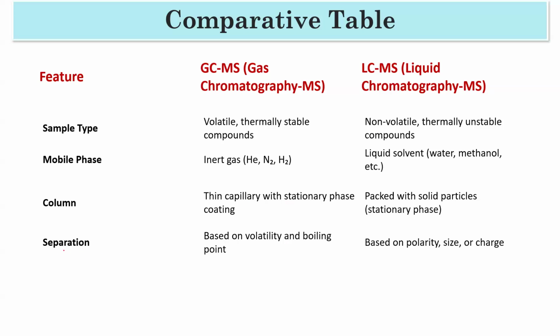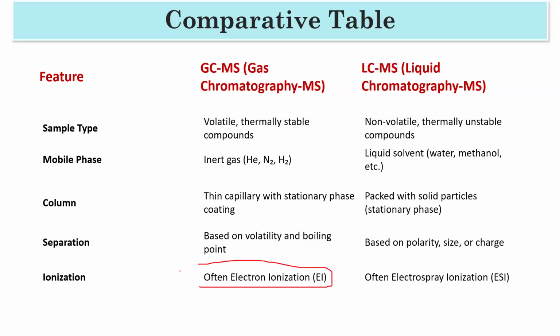So how does separation happen? In the GCMS case it is based on volatility and boiling point, and in the LCMS case it is based on polarity, size and charge. And for the ionization method, in GCMS people often use electron ionization. Here in GCMS, because we want to fragment the polymer and all, we don't mind using electron ionization.